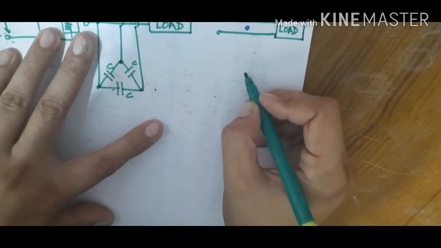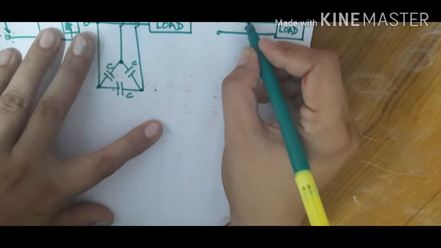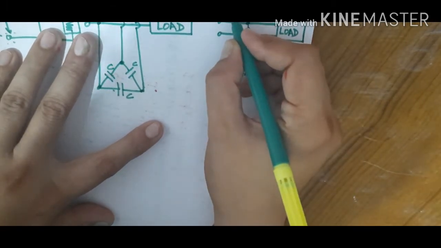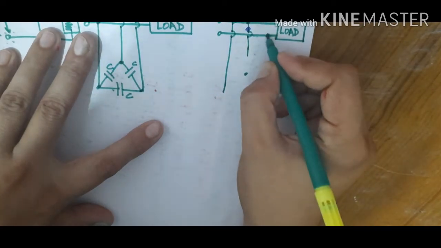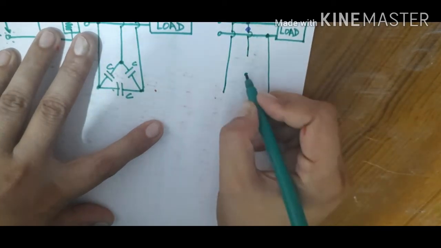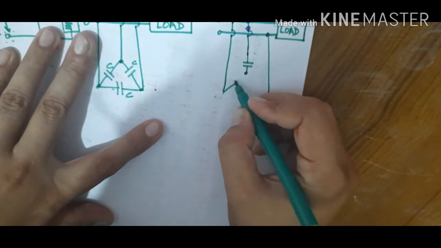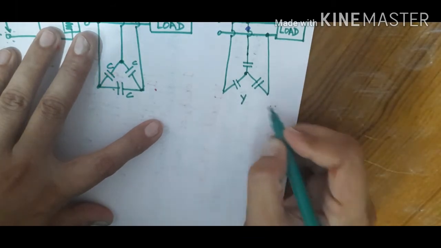For the star connection, this is the neutral point. Here one capacitor comes, from here another capacitor, and from here another capacitor is connected. This is the first capacitor, this is the second, and this is the third. So this is basically the Y connection.